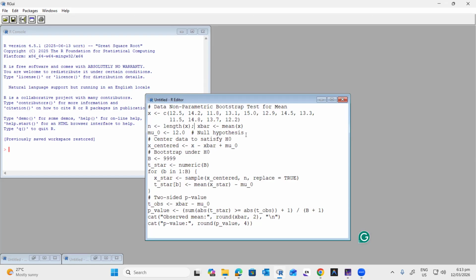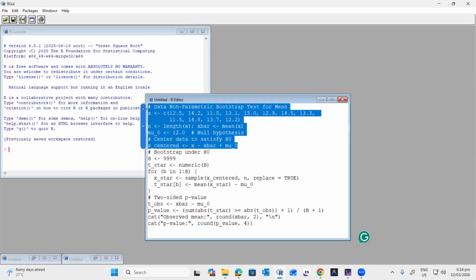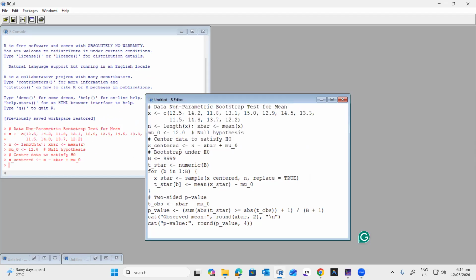After that, we have defined mu naught equals 12. This is the mean under the null hypothesis, so we set the hypothesized mean under H naught, that is 12. After that, we will find the centered value of X, that will be X minus X bar plus mu naught. So we will run it and check the centered values.